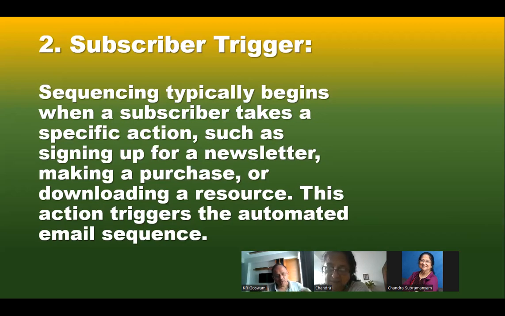So if you are clicking on that and submitting your email ID, that means it will connect to some tag, or it will immediately connect to some sequence. So in an automation, I will put that if somebody is joining this form or this landing page, this sequence should start. So it triggers when the subscriber is taking action.